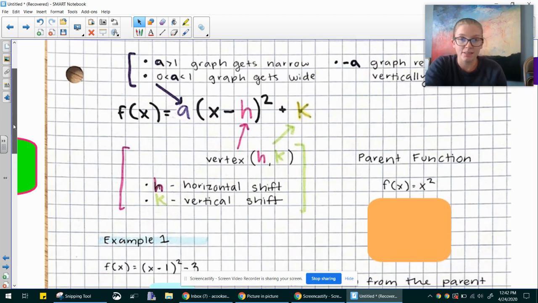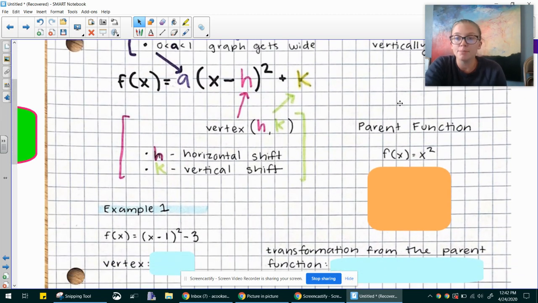When we talk about these shifts, we are talking about a shift from the parent function. The parent function is the most basic version of a specific function. In this case, the parent function for a quadratic is f of x equals x squared. In this parent function, the vertex is at 0, 0.